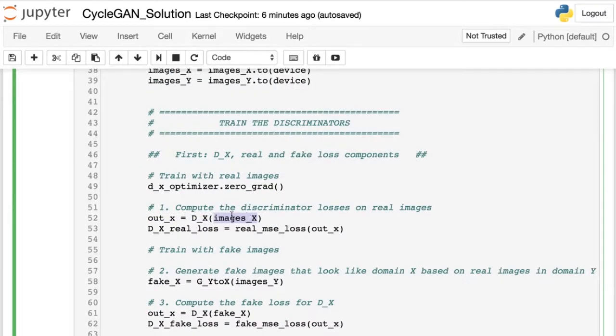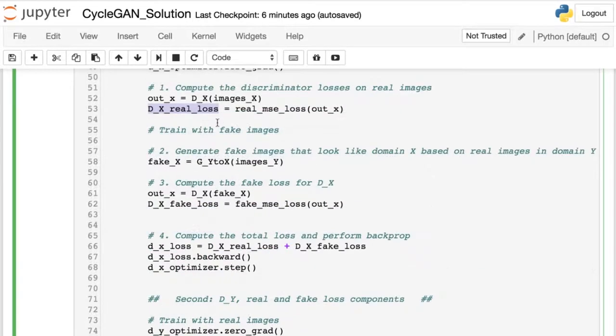First, I'm passing in scaled real image x data and storing the discriminator logits. Then I'm using my real MSE loss that I defined above to get the real loss for the discriminator dx. Then as a next step, I'm doing something similar, only generating fake images to pass to the discriminator. So I'm getting fake x images by passing real y images to my g y to x generator.